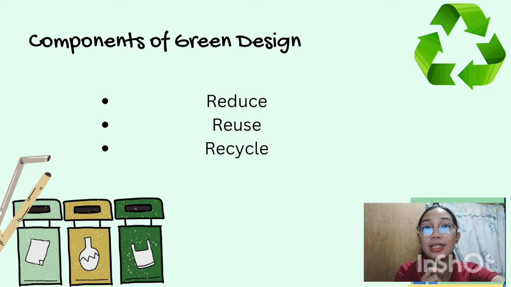And reuse means to fabricate a product using materials that can be used again. Recycling refers to the concept of reprocessing a product at the end of its life cycle into new raw materials that can be processed into new products.